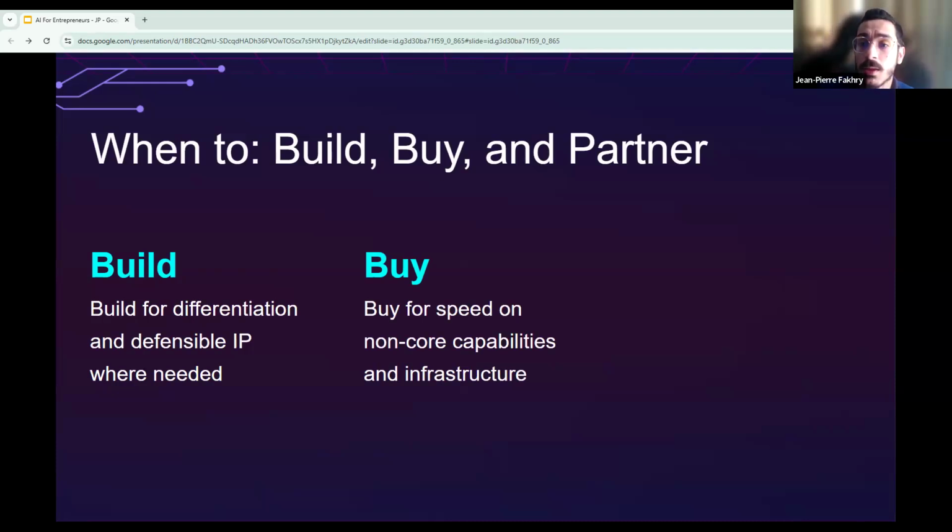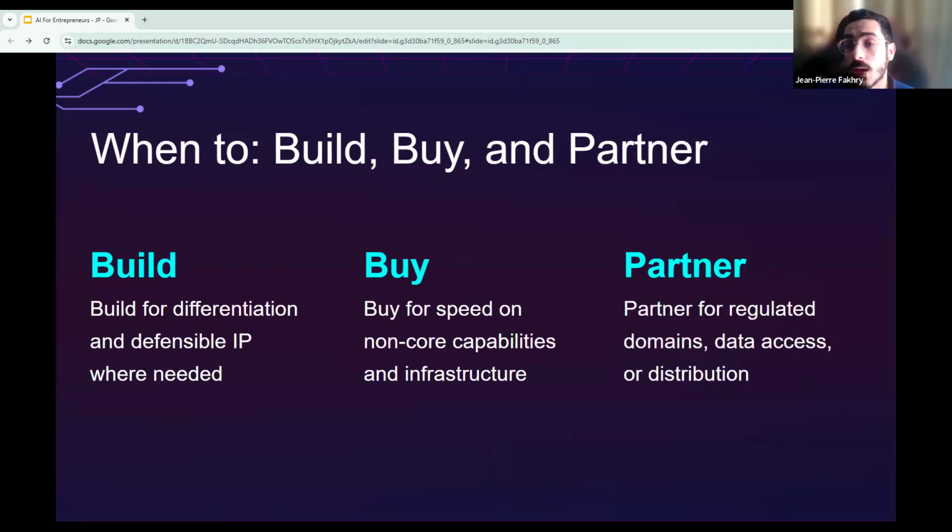Now, for partnering, you partner when the fastest path to your target user runs through someone else's trust relationship. If you want to, for example, sell to hospitals in Lebanon, we'll come back to this example, a partnership with a medical association or a health insurance company will give you instant credibility and distribution.